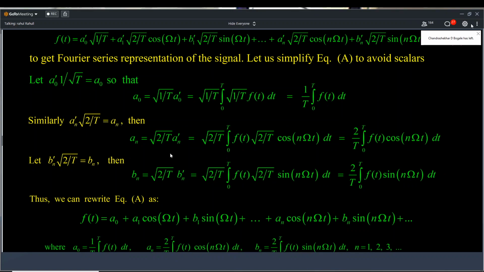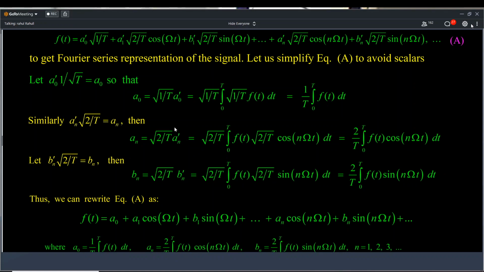Then you can see that when you put this substitution, a0 comes out to be 1 by T integration from 0 to T of f of t dt. Similarly, an dash under root of 2 by T is equal to an. If you have this substitution, then an will be equal to under root of T by 2 times an dash.